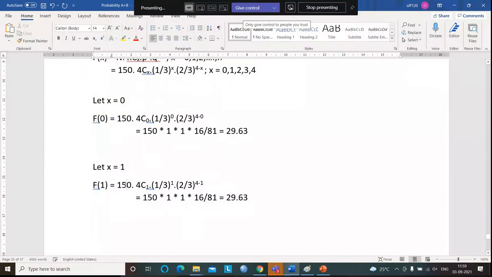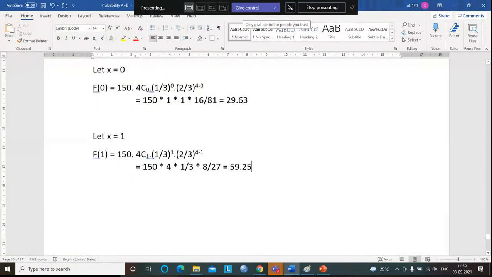So 150 into 4C1, which is nothing but 4, and (1/3) to the power of 1 becomes 1/3, into, now 4 minus 1 means 3, so (2/3) cubed. 2 cubed is 8 and 3 cubed is 27. Doing the calculation of this expression, we get the answer as 59.25, okay, 25 or 26.